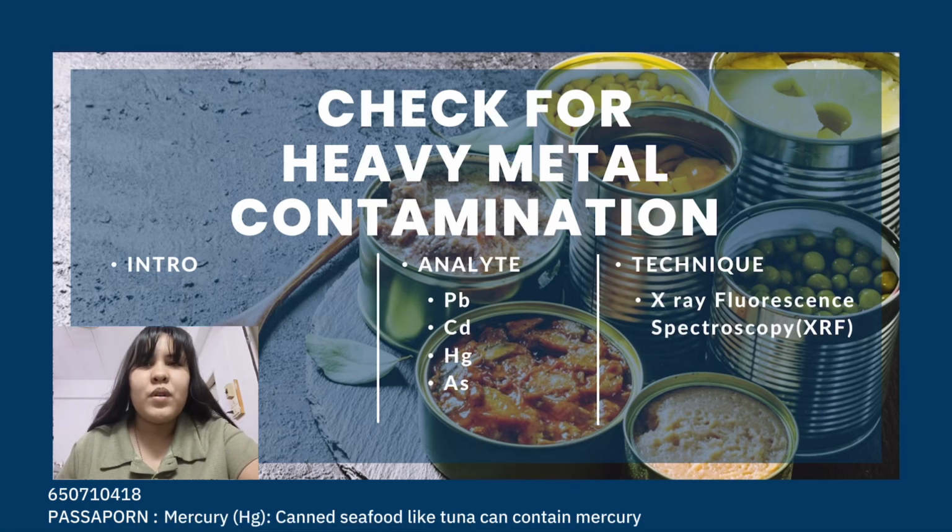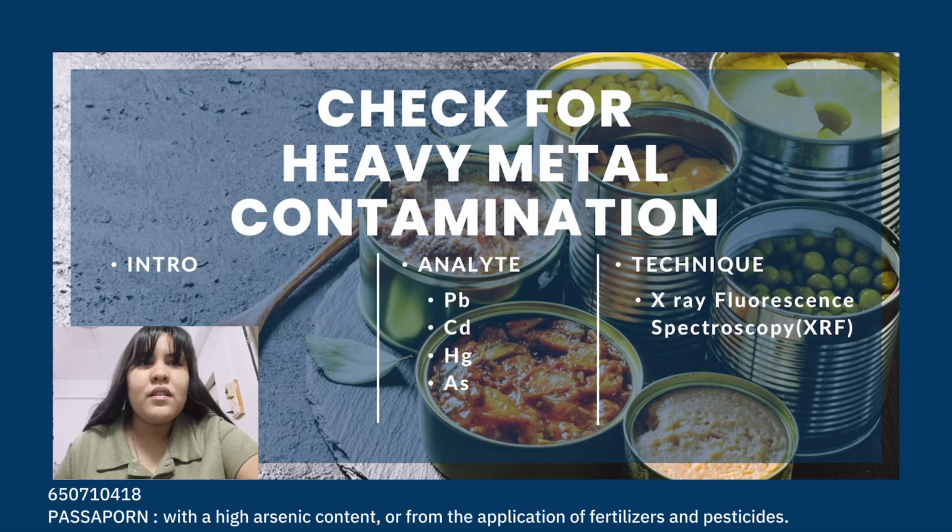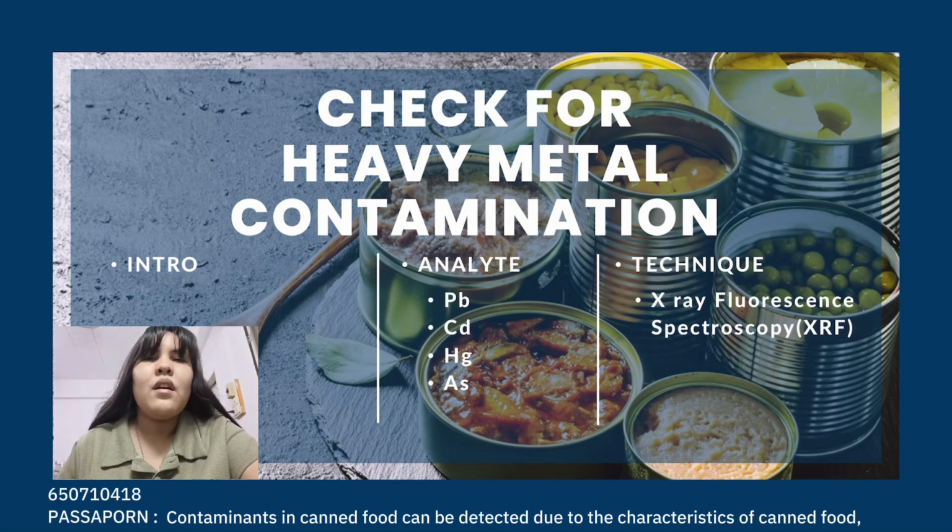The third, mercury. Canned seafood like tuna can contain mercury because it can accumulate in the marine food chain. And the final, arsenic. The origin of this is from raw materials produced in soil or water sources with a high arsenic content, or from the application of fertilizers and pesticides.